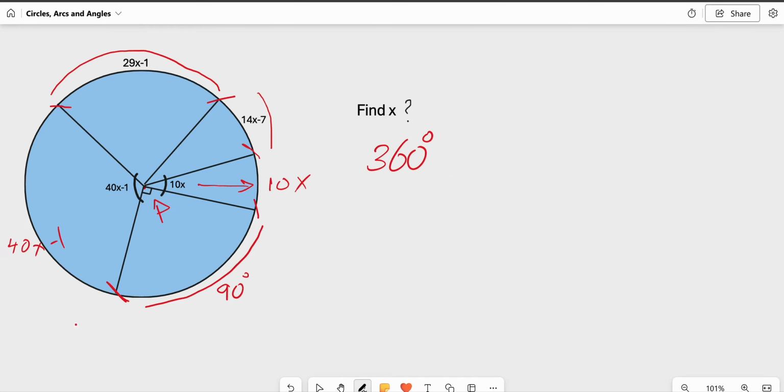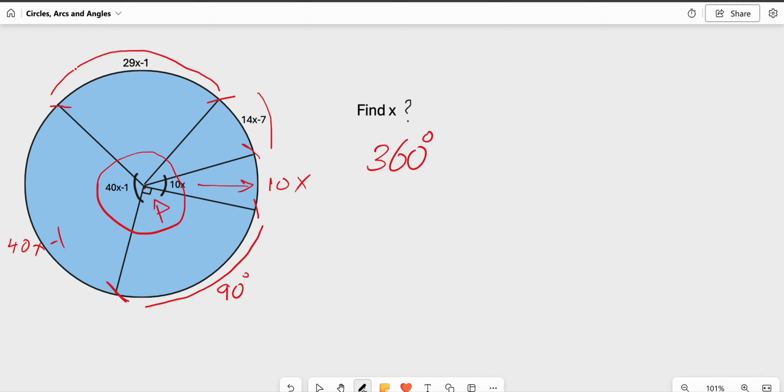So all of these arcs should be equal to 360 degrees. Simple. All these arcs added complete a complete circumference, 360 degrees, because all these angles when added are 360 degrees.